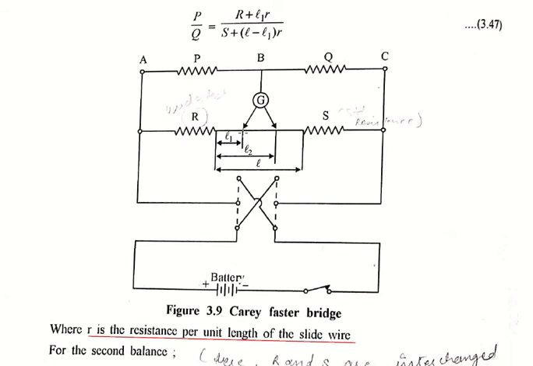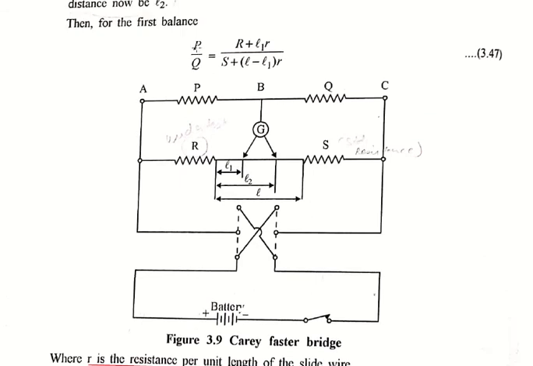For the first bridge balance, the equation is P by Q equals R plus L1 r divided by S plus (L minus L1) r. So L1 r is the resistance on the left hand side and (L minus L1) r is the resistance on the right hand side when the bridge is balanced in the first case.